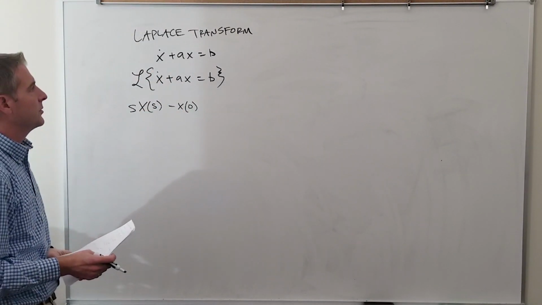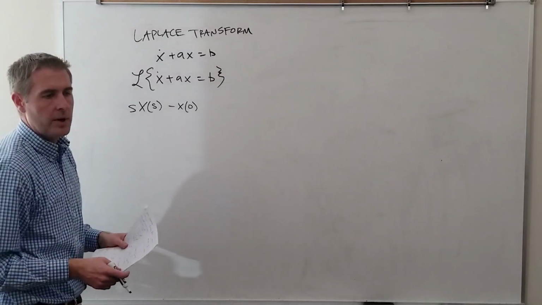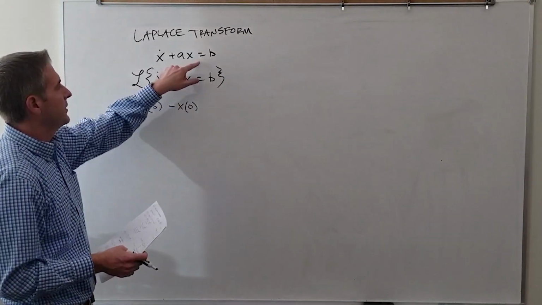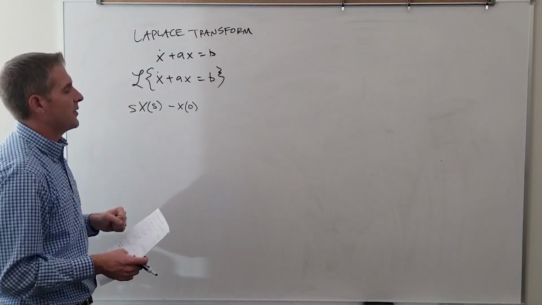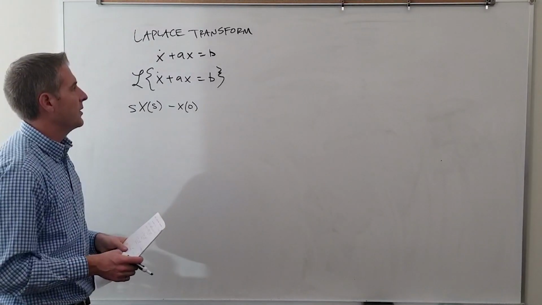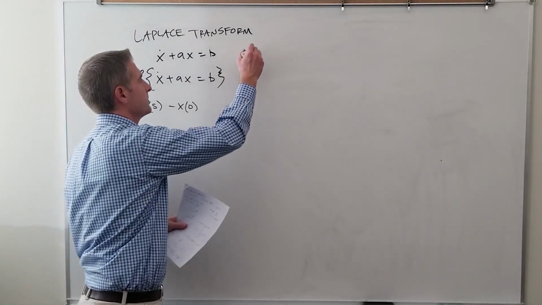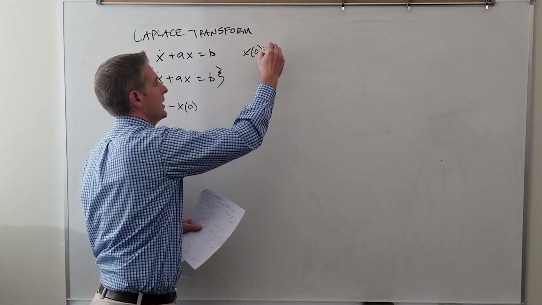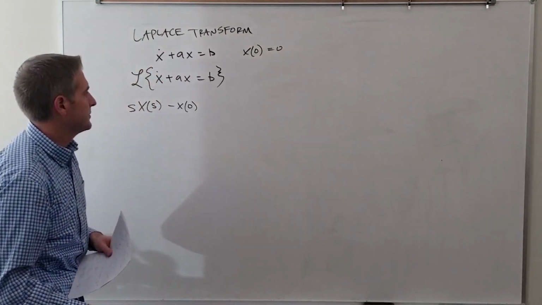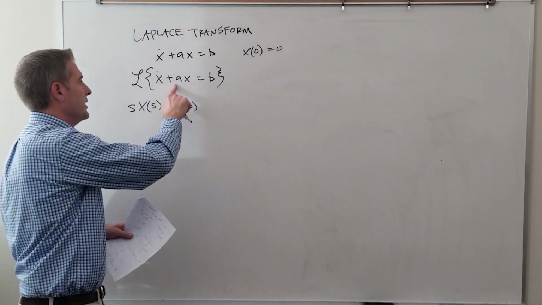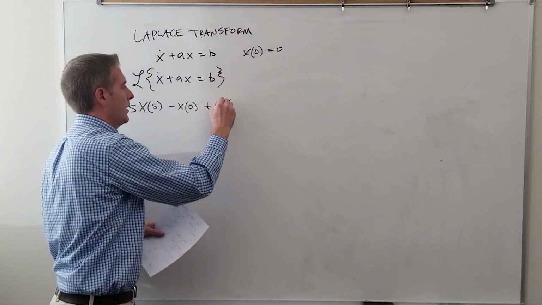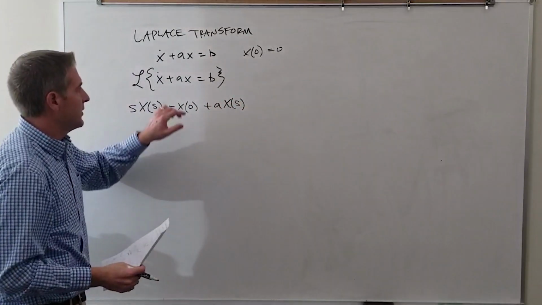So in general, you'll be receiving a point at which x will be satisfied or defined at time equals 0. Let's assume that it is 0, at least initially. We'll continue on with the Laplace transform of the second term.